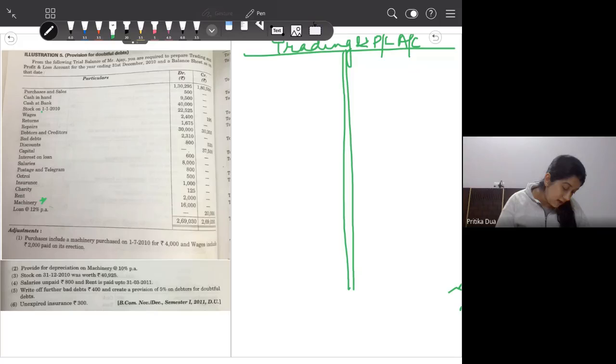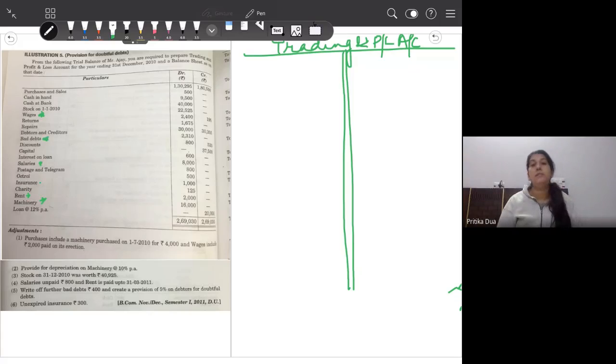Salaries में adjustment है. रेंट में एडजस्टमेंट है। योर डेटर्स एंड इंश्योरेंस. So apart from that, please start and then we'll discuss the question.